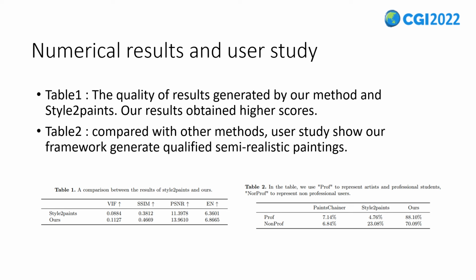In the user study, we randomly select 3 groups of images generated by 3 methods in Table 2. We ask the users to select the image that is visually closest to the semi-realistic style. The results show that most users think that our method produces better results.